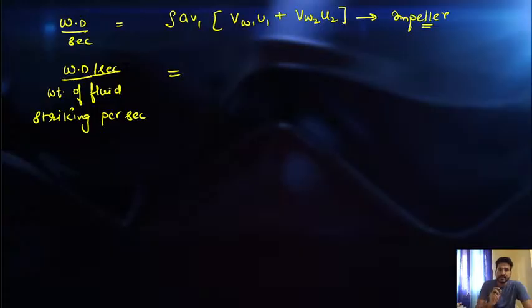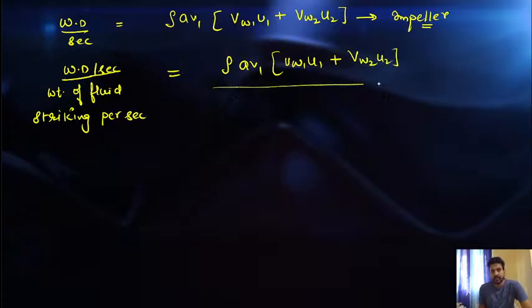If the fluid is striking per second, for the weight of the fluid striking per second, how much work is the impeller doing on that weight? That is basically rho AV1 into VW1 U1 plus VW2 U2, the work done per second, divided by the weight of the fluid per second.